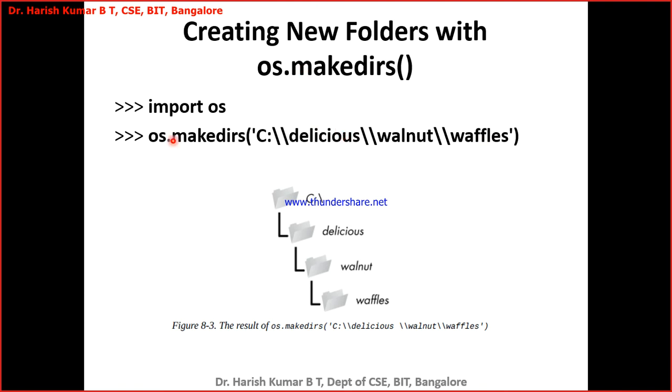Now when I call makedirs, it will follow the same way. Say for example Delicious and Walnut are already existing and only Waffles is not there, it will create this directory.